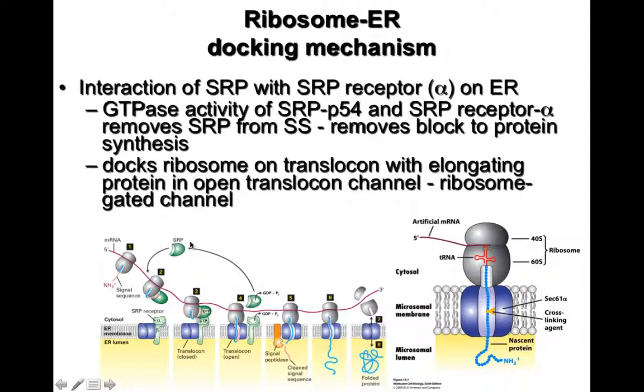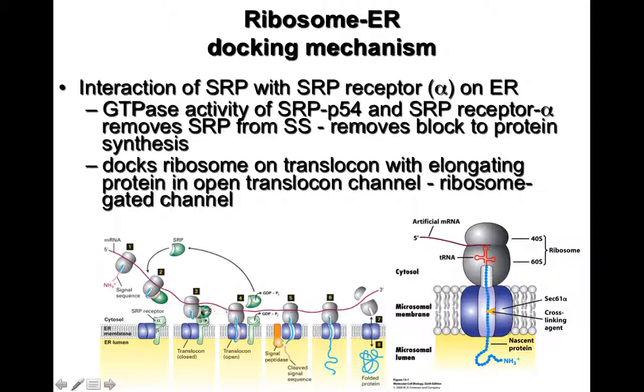So the signal recognition particle binds to the ribosome and messenger RNA, and brings the ribosome to the translocon, which is located on the ER membrane. When this happens, some GTPase activity occurs. GTP is just another energy currency like ATP, but you don't need to worry about that so much. I want you to just understand the process.